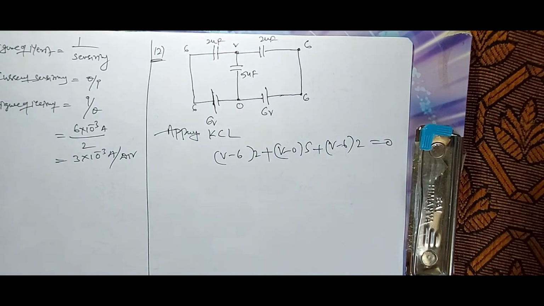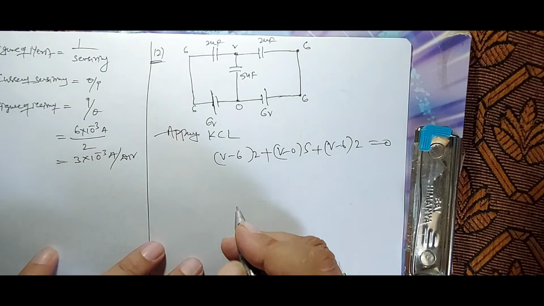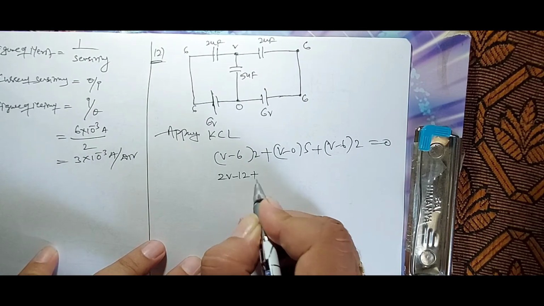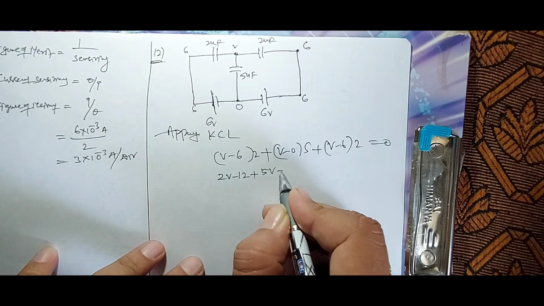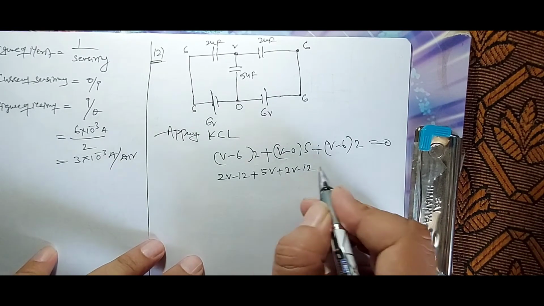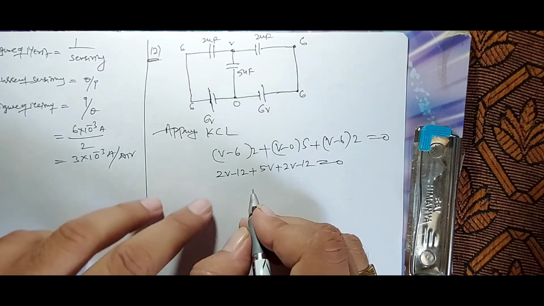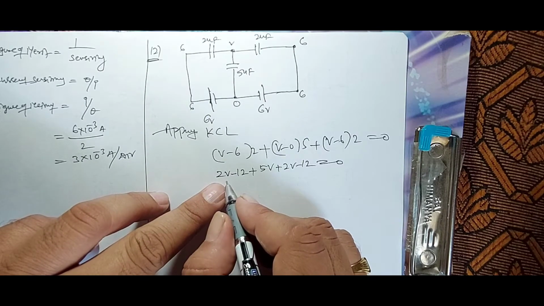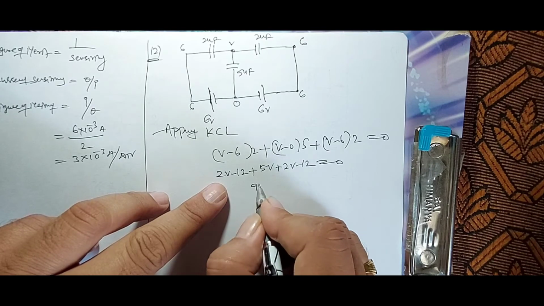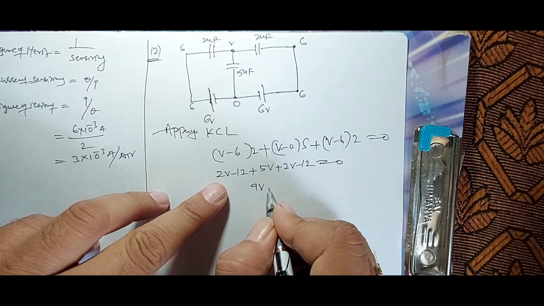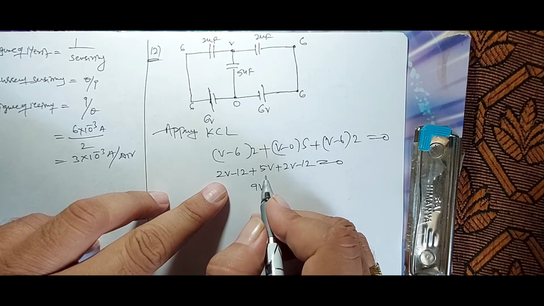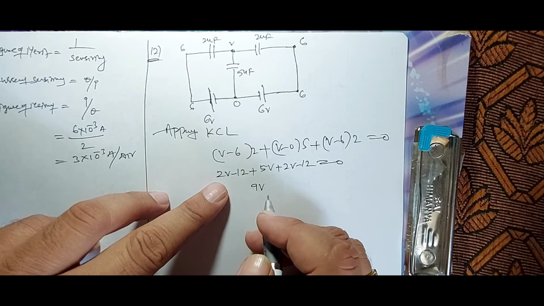So here 2V minus 12 plus 5V plus 2V minus 12 is equal to 0. So what we get here: 5V plus 2V is 7V, plus 2V is 9V.